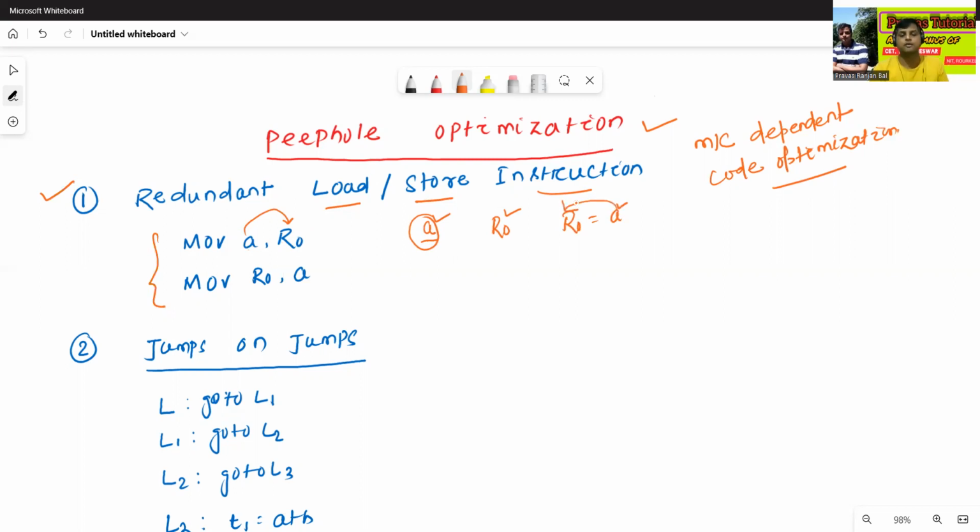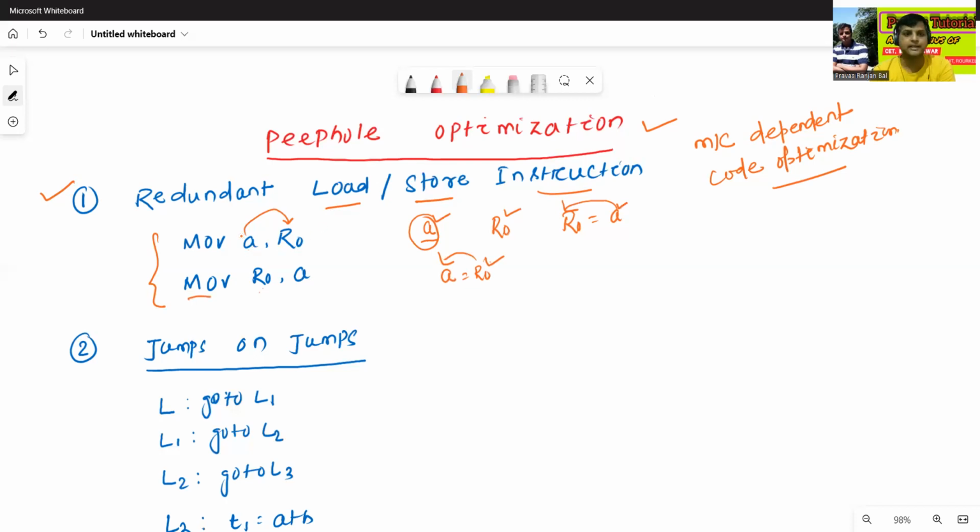This is called move A comma R0. Similarly, move R0 A means A equals R0. That means we assign R0 value in A. This is called load or store instruction.